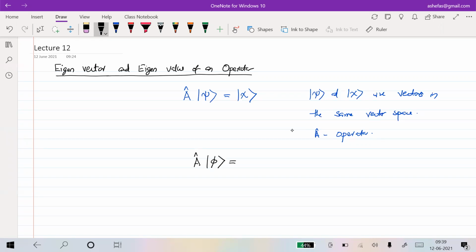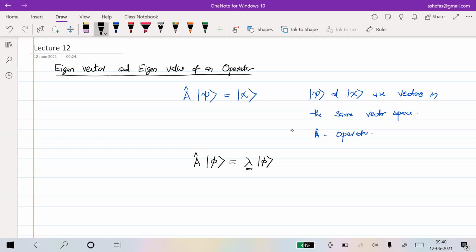A on the vector phi leaves the vector unchanged, but the effect is just the multiplication by a scalar. In general, it may be a complex scalar. So the action of an operator A on the vector is not changing the vector. We are getting the same vector, but with a scaling factor lambda.